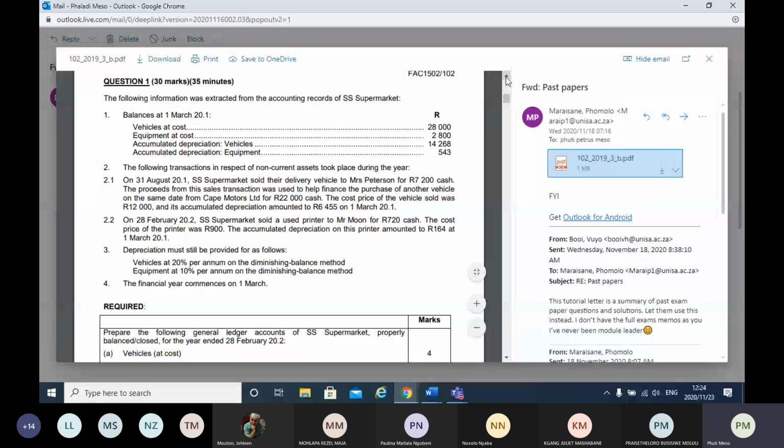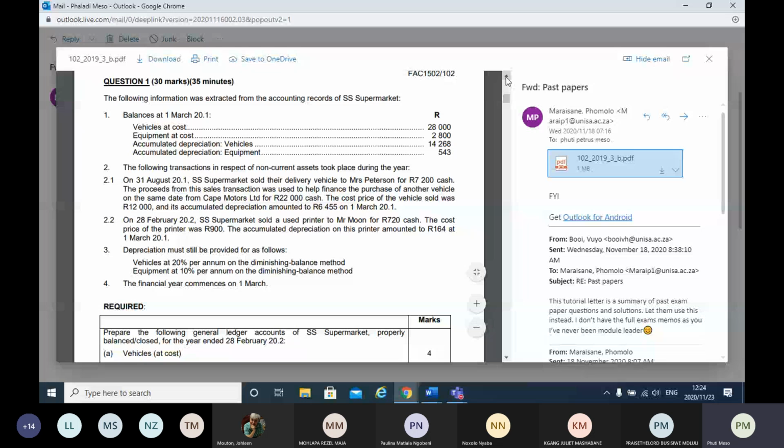Your asset is framed under your non-current asset as well as your current asset, which is the A. You remember the A equal to L plus E, or E plus L. So the A contains your non-current assets as well as your current assets, starting from the property, plant, and equipment.